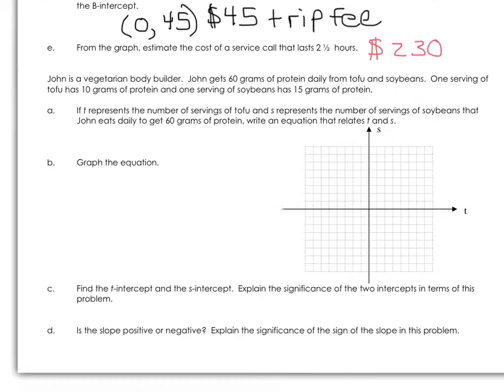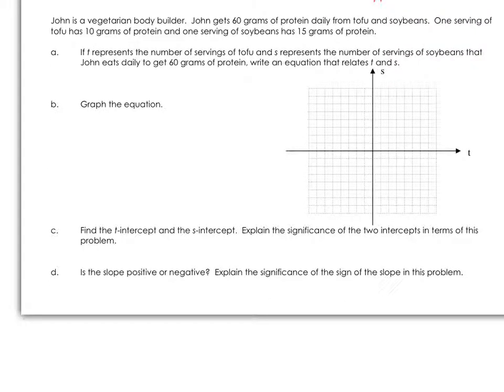John is a vegetarian bodybuilder. John gets 60 grams of protein daily from tofu and soybeans. One serving of tofu has 10 grams of protein, and one serving of soybeans has 15 grams of protein.